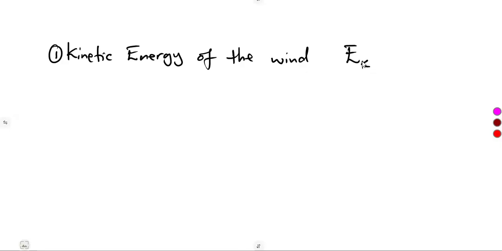You can just write EK like this, and you can even write wind, or just indicate with a small letter W for the wind, as we are referring to the wind.